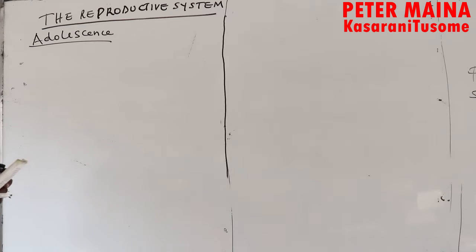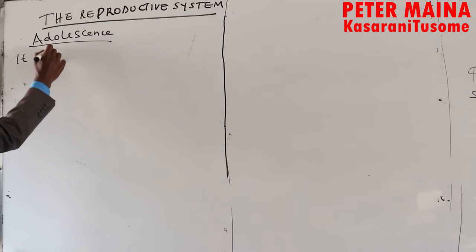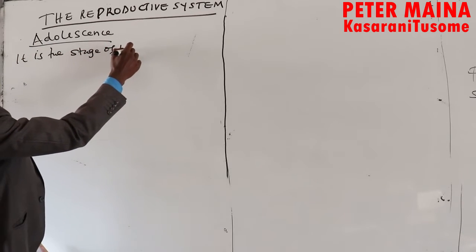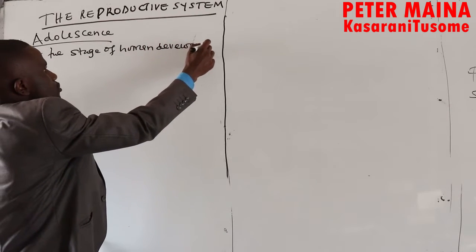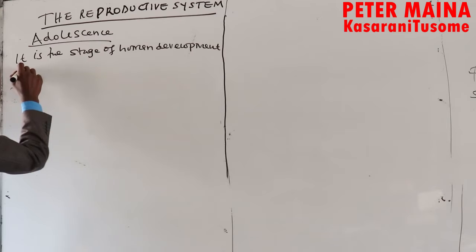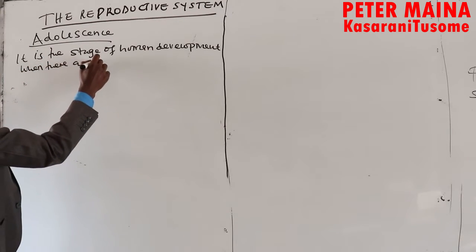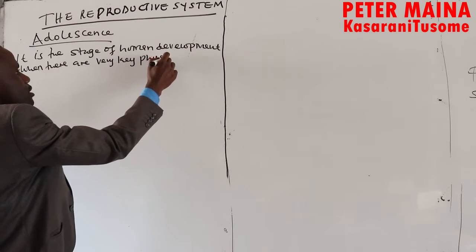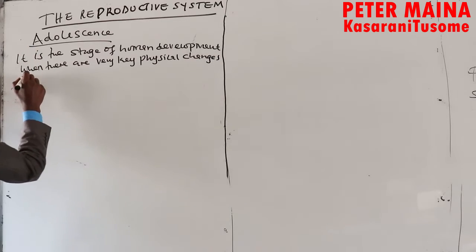Adolescence is the stage of human development when there are very key physical changes in boys and girls.